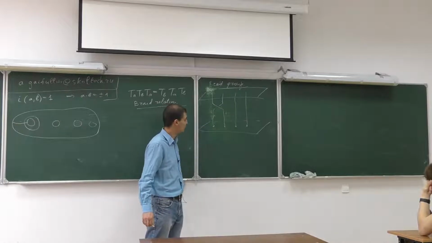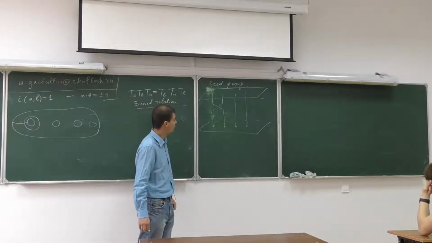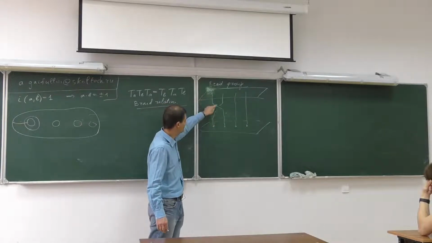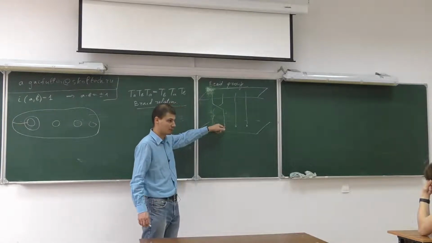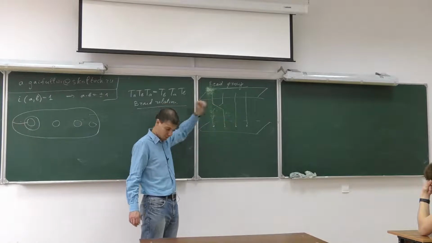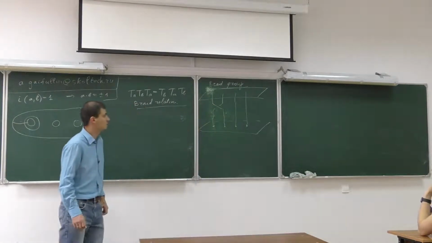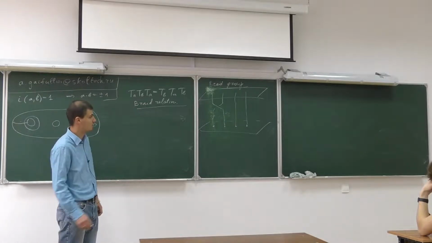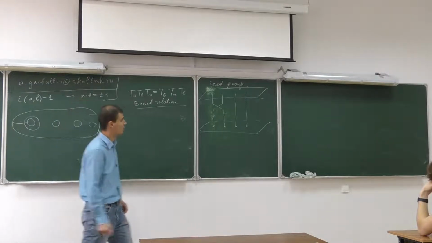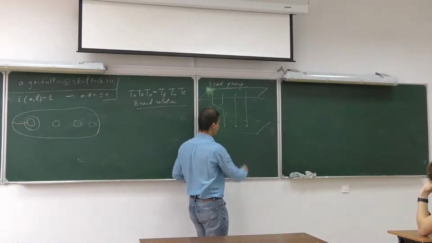So we connect them in such a way that strands are always descending with regard to the corresponding axis, and such pictures form a group under concatenation of braids.